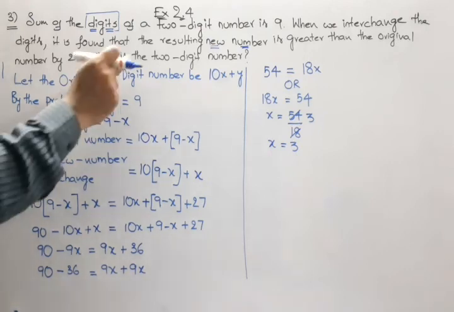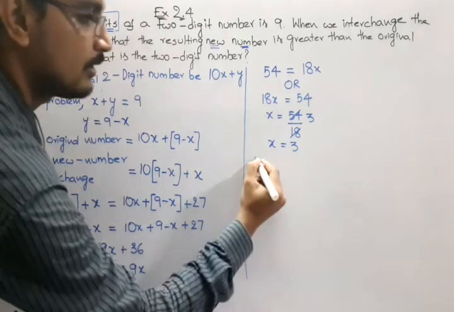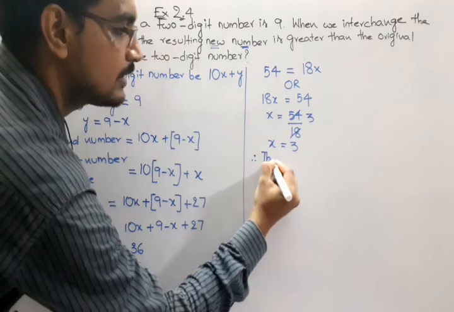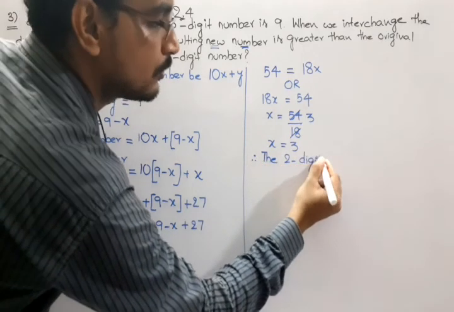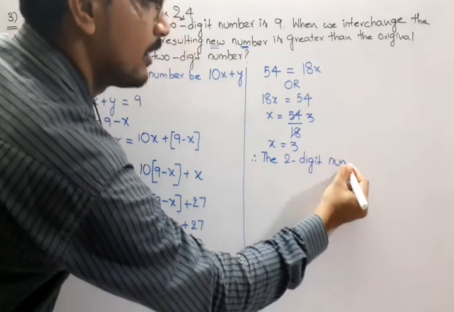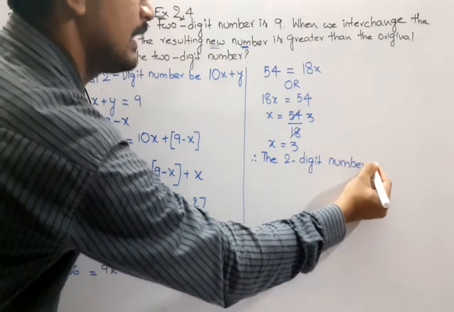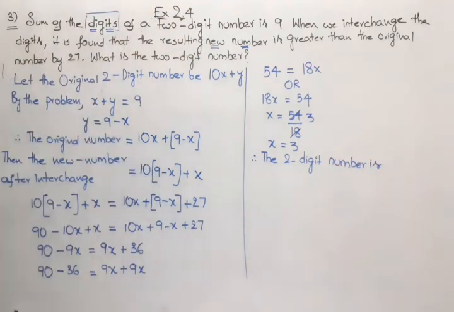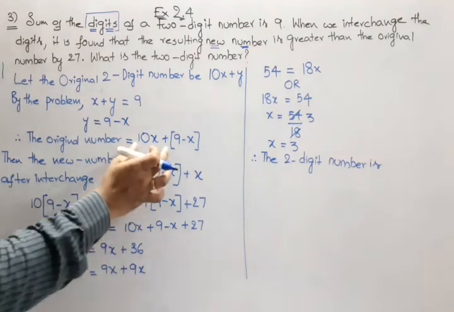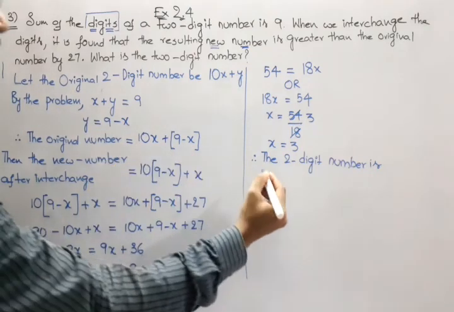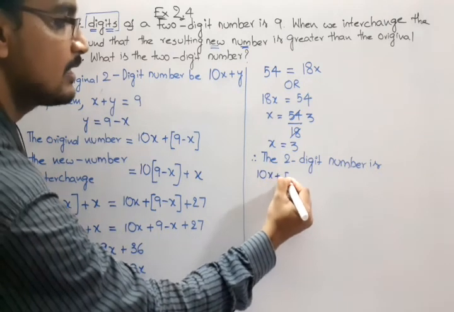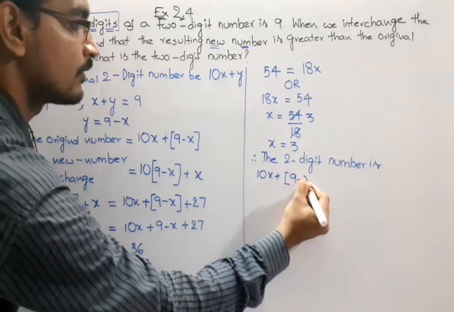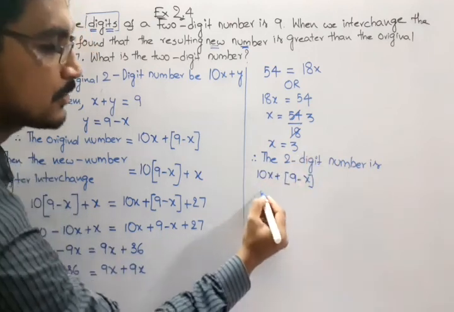Now, what is the 2-digit number? Therefore, the 2-digit number is, look, what is the 2-digit number which is the original one? 10x plus 9 minus x. Now we have the value of x, substituted here.